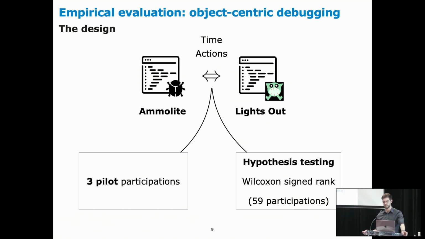And after 59 participations during the experiments, we also conducted some testing of our hypothesis, according to which the tasks would be different. And again, the statistics test doesn't show any difference between those two tasks. So we consider them to be equivalent in terms of time and actions required to debug Emolite and Lights Out. And this is with the standard debugging tools, not with the object-centric debugging tools yet.